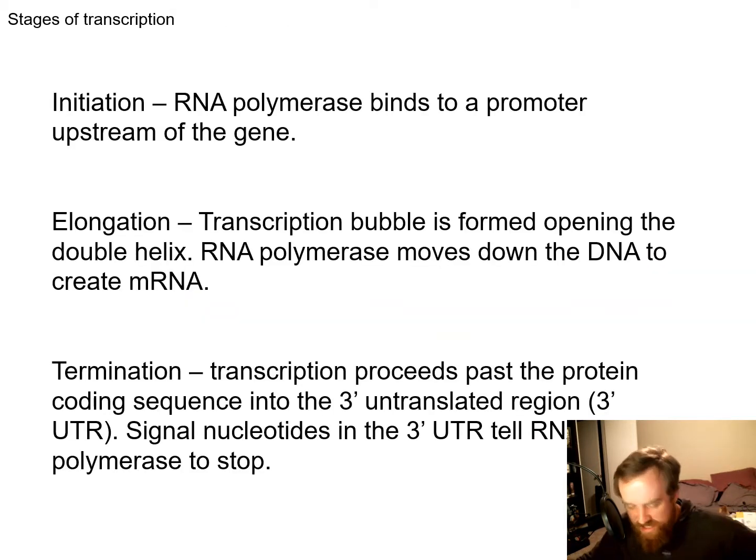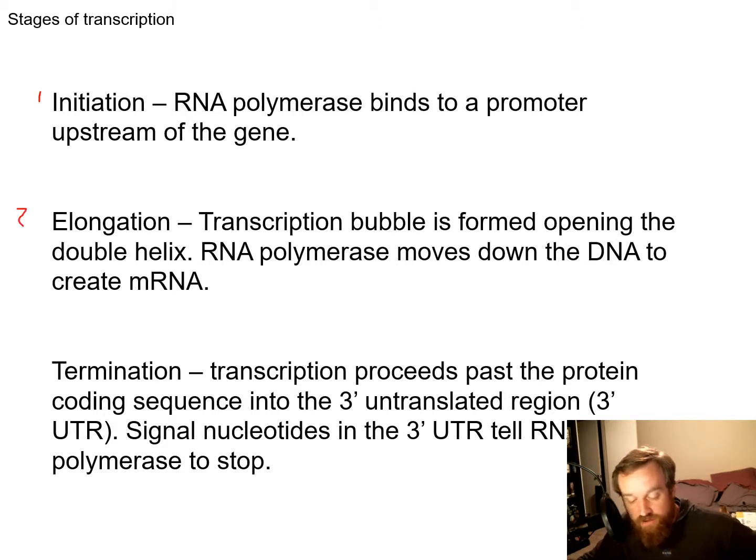Briefly, we're going to hit on the stages of transcription here. This is kind of similar to DNA replication. You'll see a lot of similarities between transcription and DNA replication, but there's also a lot of differences. So first we have initiation. That's where the RNA polymerase binds to the promoter upstream of the gene to create that mRNA transcript.